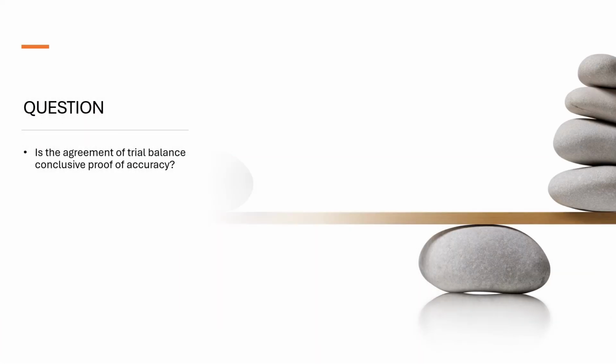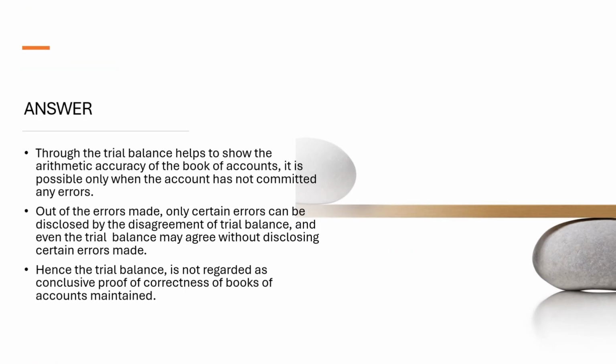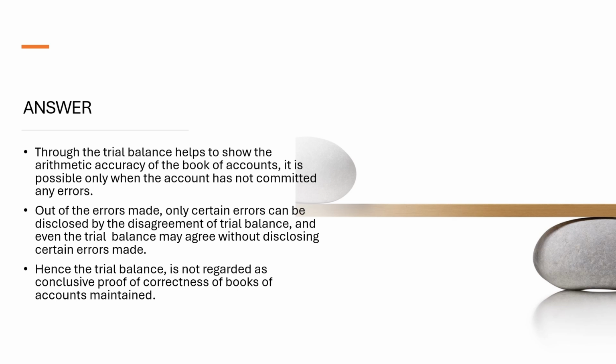So here I have one question. Is the agreement of a trial balance conclusive proof of accuracy? The answer is shown here. Through the trial balance, it helps to identify the balance and the arithmetic accuracy of the books of accounts. It is possible only when the accountant has not committed any errors, so they would be balanced.